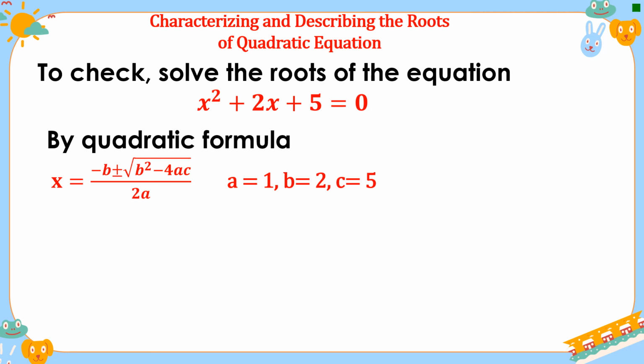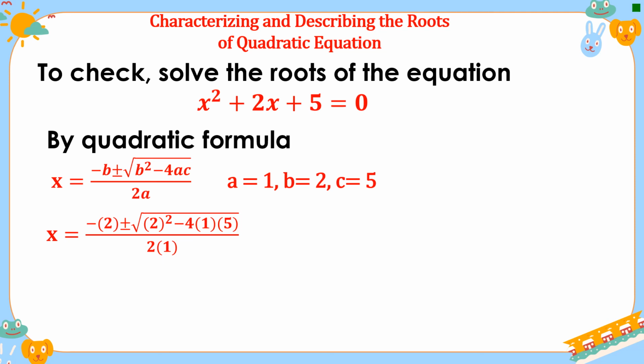Ang next step natin ay i-substitute natin ang value ni a, b, and c sa ating quadratic formula. So we have negative times 2 plus minus square root of 2 squared minus 4 times 1 times 5 over 2 times 1.